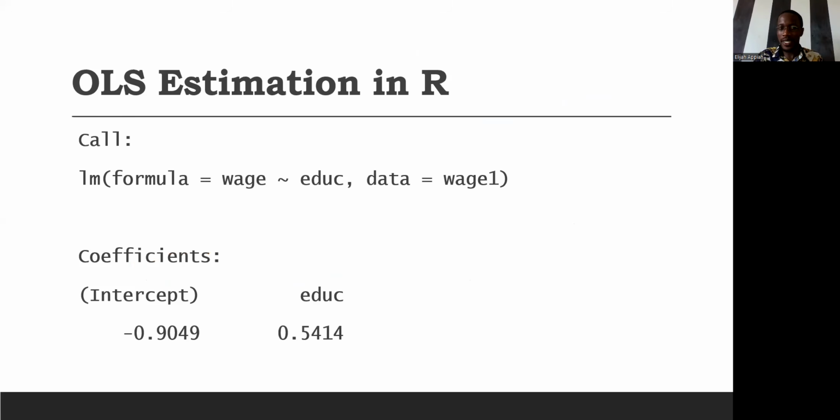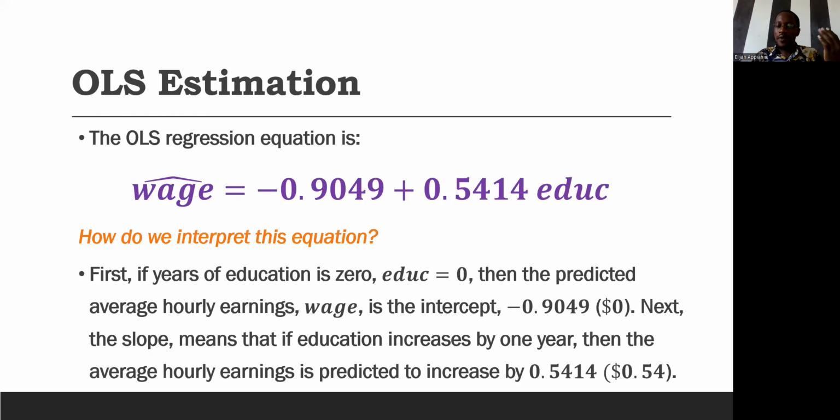After we estimated the regression model, this is the result that we had. The intercept was found to be negative 0.9049. And then the beta 1, which is the coefficient for education, is 0.5414. So the regression equation from the method of ordinary least squares is now giving us wage.